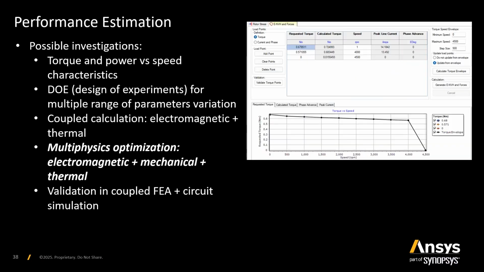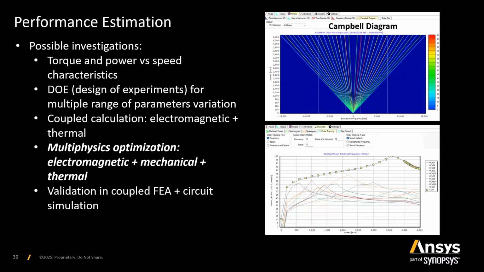Also, on the mechanical side, we can briefly look at the NVH response for this machine, looking at the envelope torque and different operating points. Here is just a screen capture showing what you can do in MotorCAD, looking at the Campbell diagram to investigate whether there are any resonance frequencies between the stator natural frequencies and the rotor frequencies. In order tracking, we can observe what we can expect from this topology.